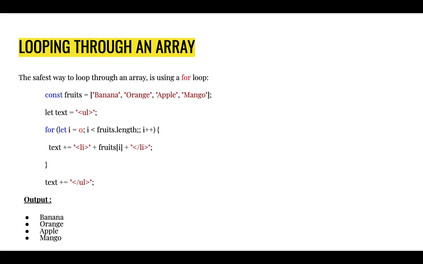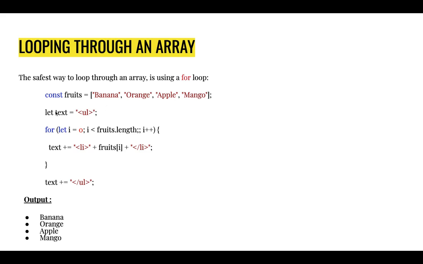Looping through an array. We are going to look at loops later on in this course, but the safest way to loop through an array is by using a for loop. This is the same example that we looked at before. We now declared another variable.